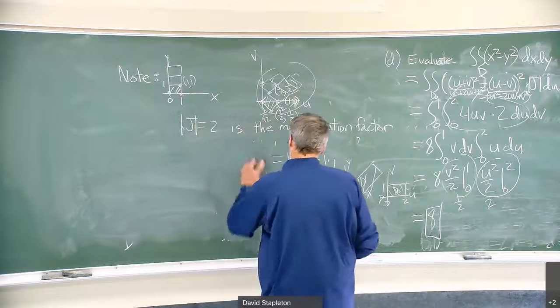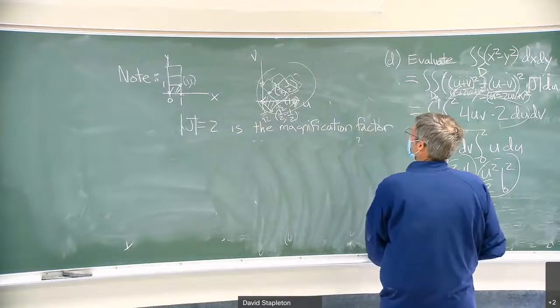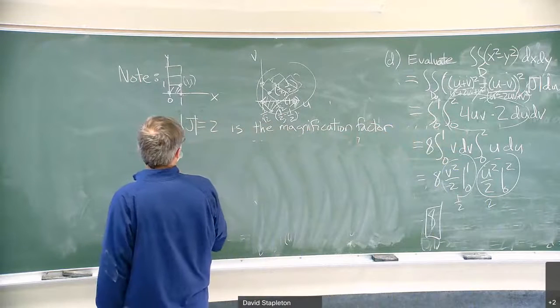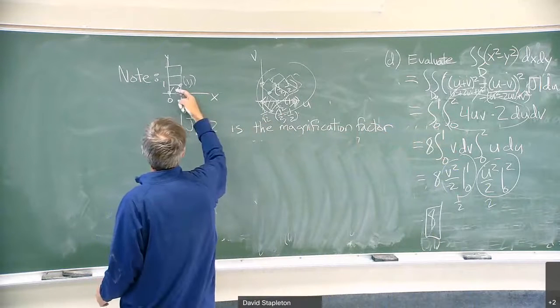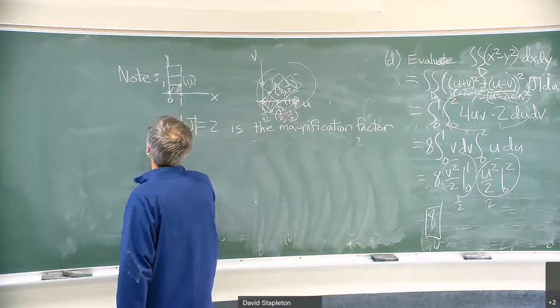More generally, you can do this with nonlinear coordinates, but then the Jacobian varies. It will take little unit squares here to different sizes depending on where you are on the plane.